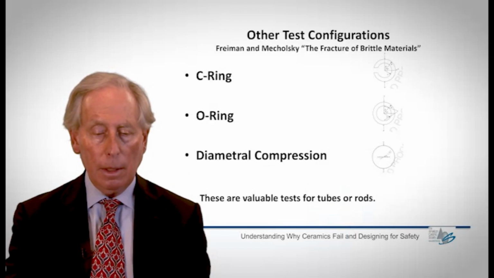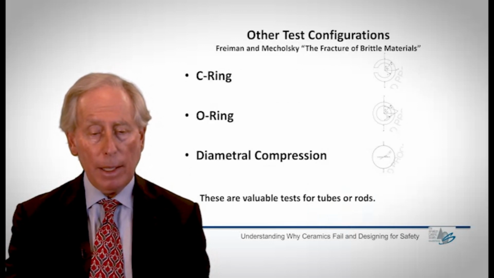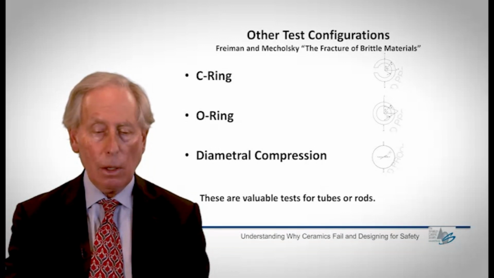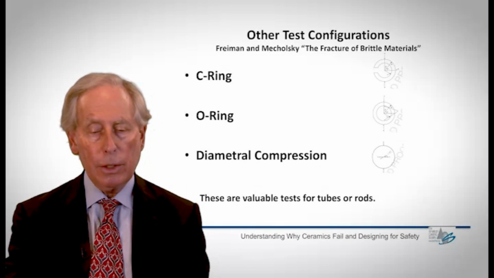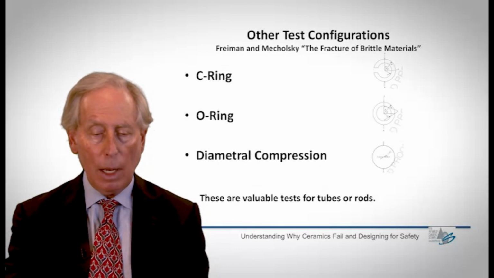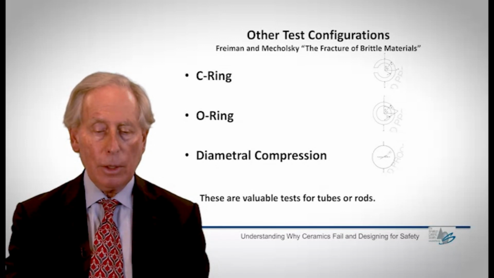There are other kinds of tests as well, depending on what you're manufacturing. If you're manufacturing rings, things like C-tests or O-ring tests work quite well, because if you're manufacturing pipes, you can slice out rings or circular sections from your pipe and test in this way. What is called diametric compression has been used for years by the concrete people.